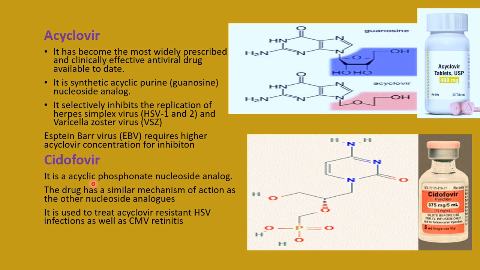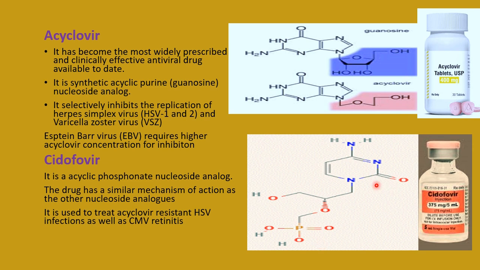Moving to the second type of base analog, that is Cidofovir. This is a cyclic phosphonate nucleoside analog, that means a nucleoside which has a phosphate, and that's why it is called a phosphonate nucleoside analog.